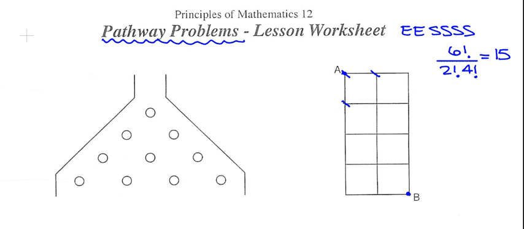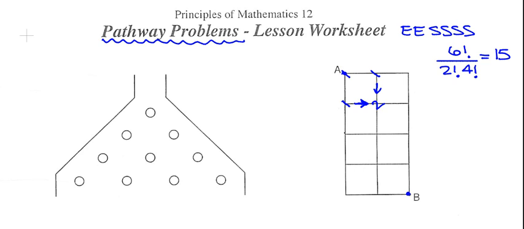But now, if I look at this intersection right here, there are actually 2 different ways that I can end up at this intersection, right? I can start at A, I can go east and south, or I could go south then east. So the number of ways at every intersection is found by adding up the number of ways of getting to each of the intersections above it.